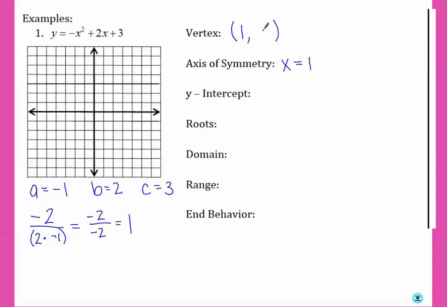So next we need to find the y part of our vertex. We're going to do that by plugging 1 in for both the x's in our original equation. So we would have negative parentheses 1 squared plus 2 times 1 plus 3. You could also store 1 for x, like we did with absolute value, and then type in the problem with the x's in there.